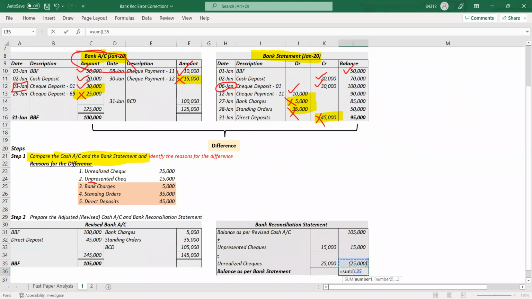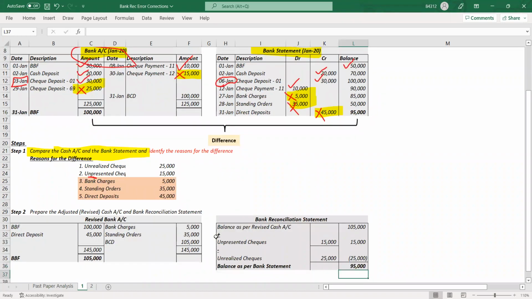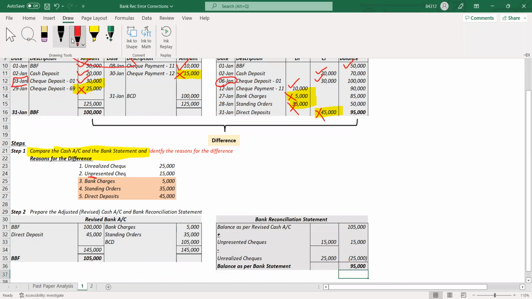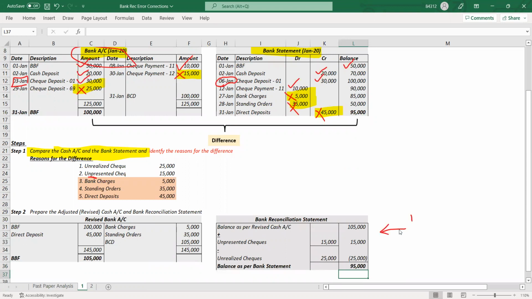So this is the basics of bank reconciliation. We prepare the bank reconciliation with the revised cash book. And remember, mainly there are only 3 transactions which come to the bank reconciliation. One is unpresented checks.